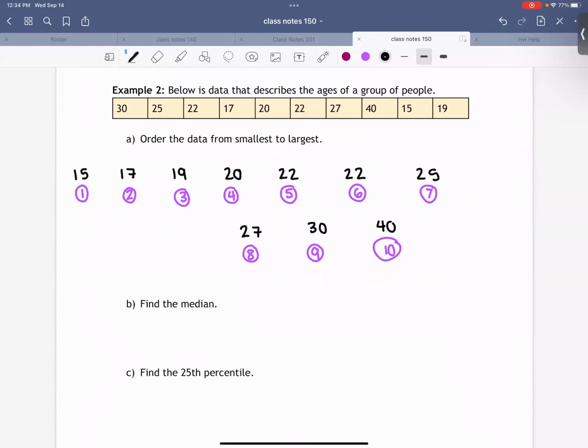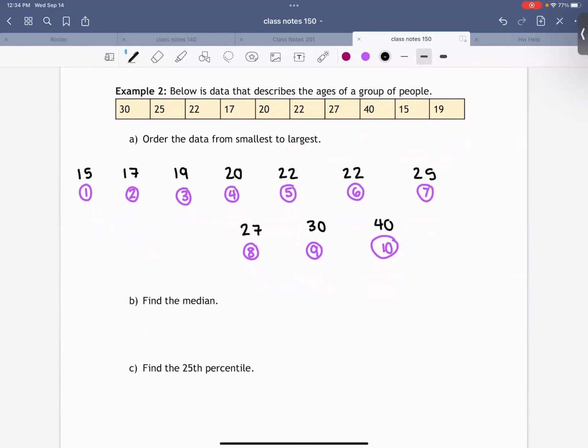But what did we get for the median? The median was 22, right? And we didn't stop on a number, we actually had to add the 2 middle numbers. But since the 2 middle numbers were 22, we got 22, right?